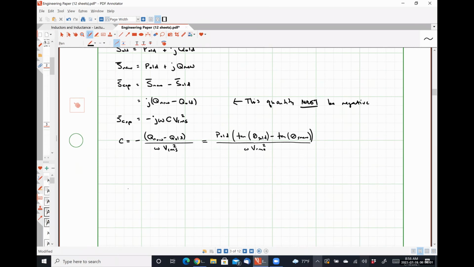So P old, so tangent theta S old is the same as sine theta S old over cosine theta S old, where cosine theta S old is my power factor, right?